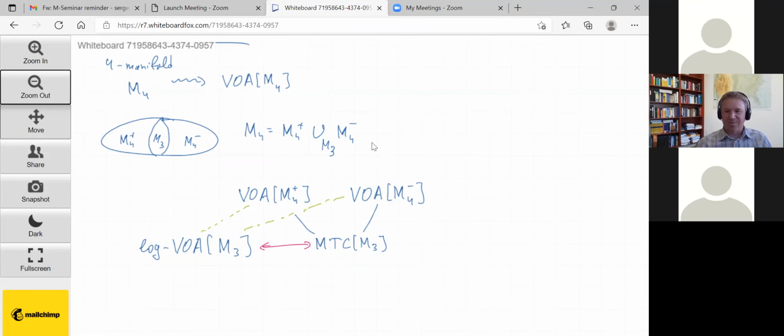Namely, on the diagram, the blue lines, or the green or the red ones? So there was VOA M4, and Zhongzhu is asking how these things relate. Is it true that VOA M4 is just this conformal extension of these two pieces? Yes, that's exactly right. That's correct.